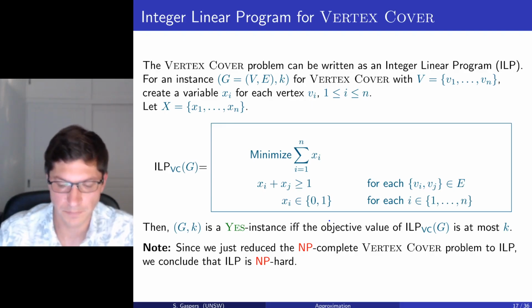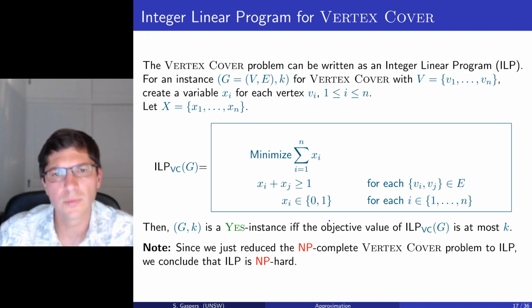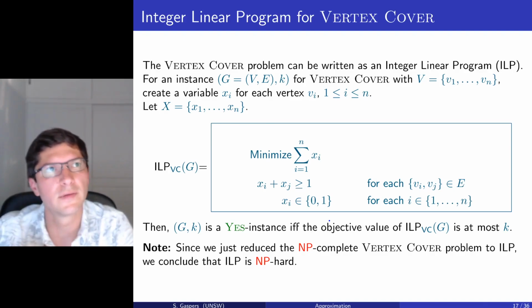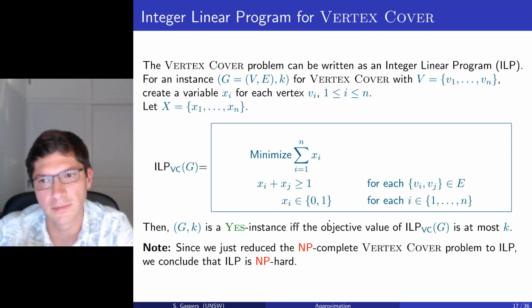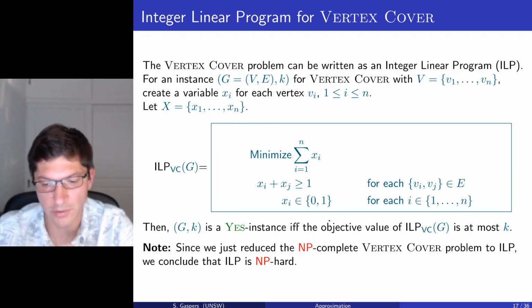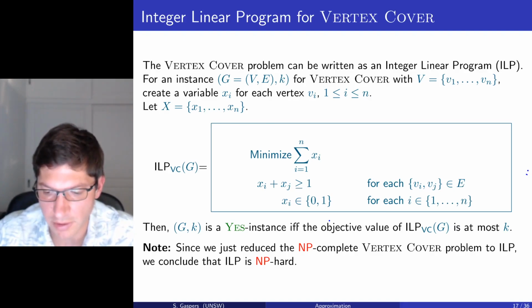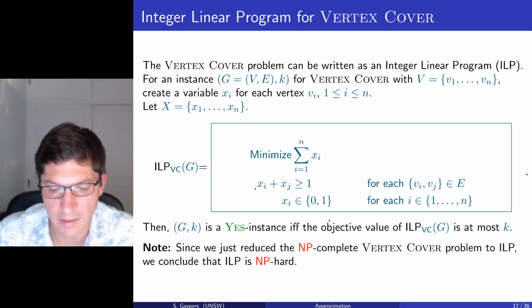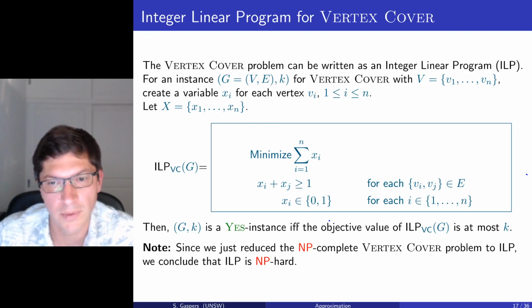So when is a set a vertex cover? Each edge of the graph needs to be covered. And we can express this in our integer linear program by saying that for each edge in the graph, either the variable corresponding to the first vertex is equal to 1, or the variable corresponding to the second vertex is equal to 1, or both of them are equal to 1.